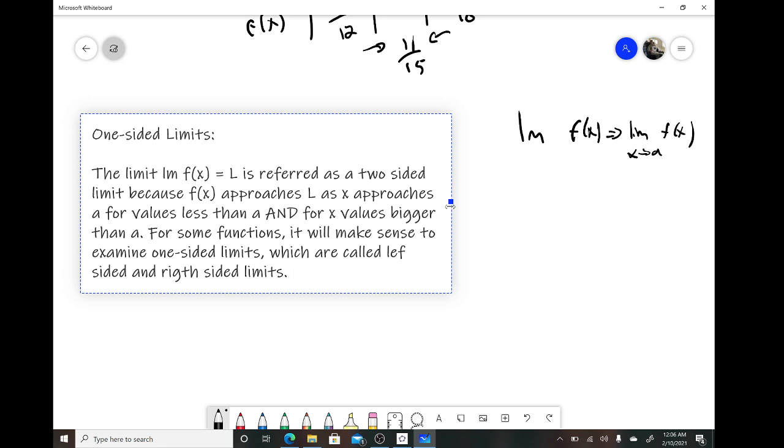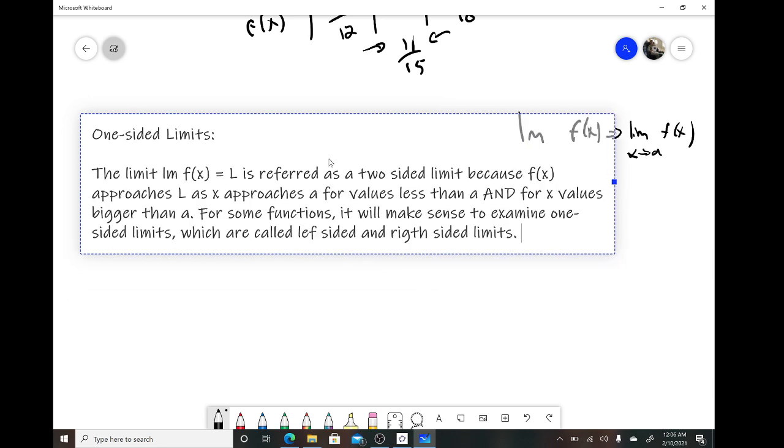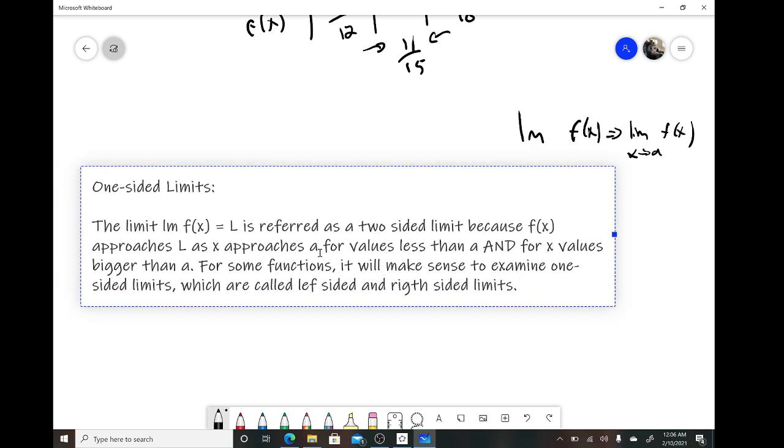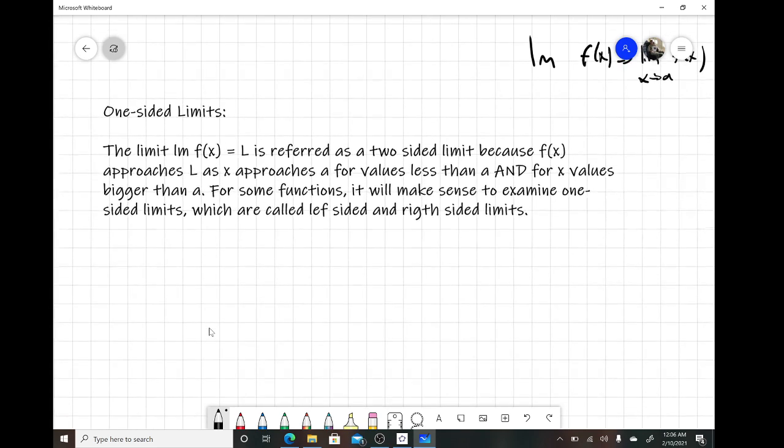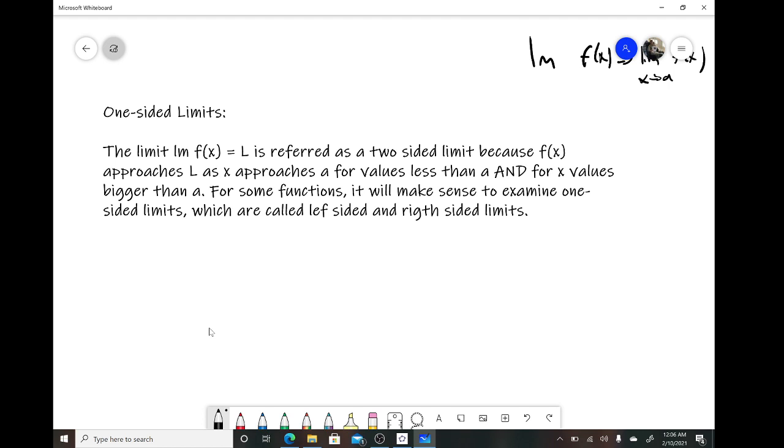So yeah, the piecewise defined function is definitely one of these functions that we will use one-sided limits with. Another function where we may use one-sided limits will be something like the absolute value function. You'll see that it will probably be the only way that we'll be able to find limits for that.